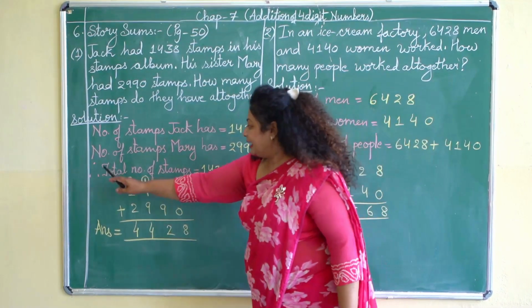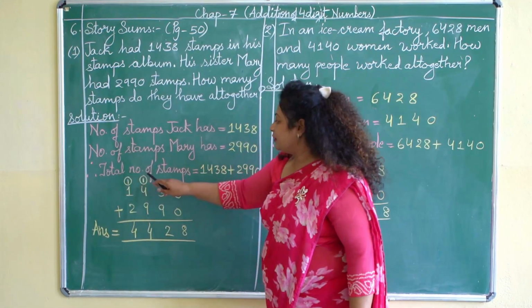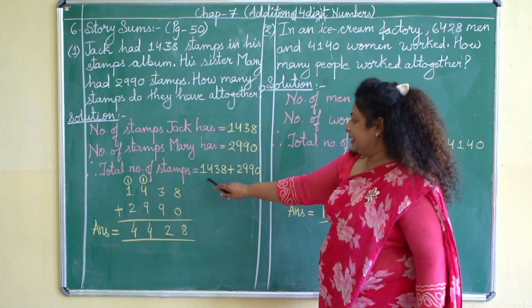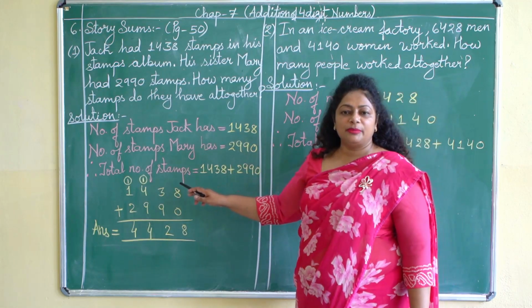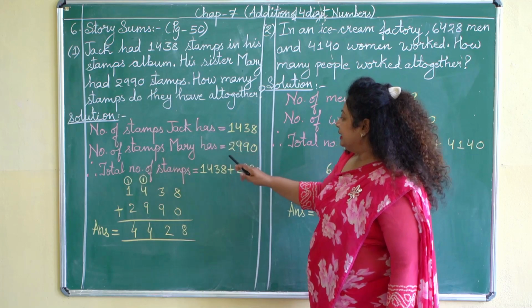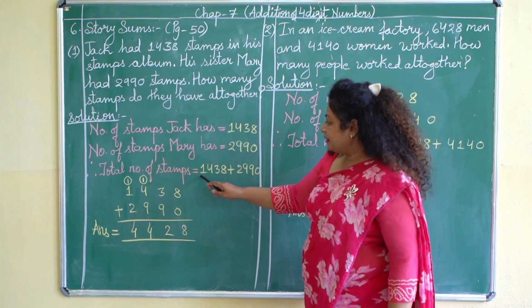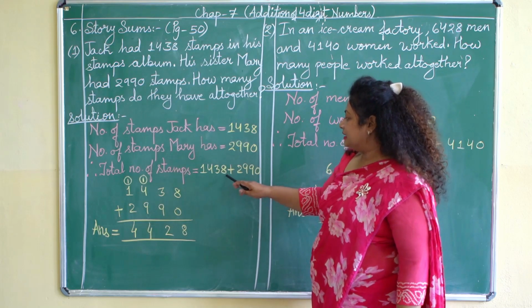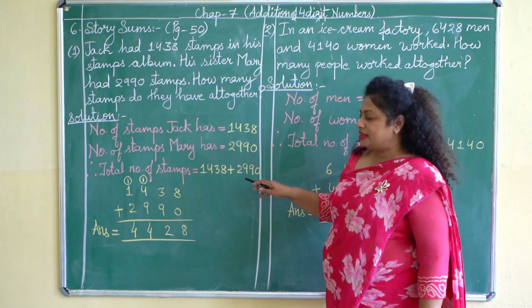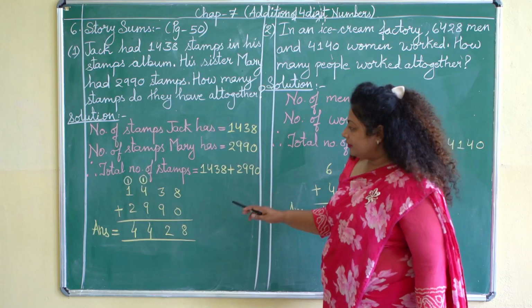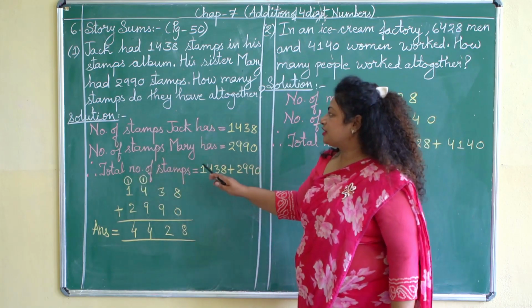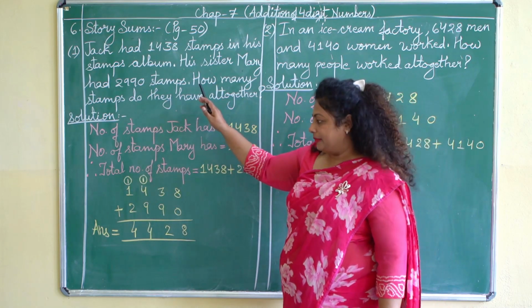So therefore total number of stamps will be, how we'll find the total number of stamps? By adding these two numbers. So let's add 1438 plus 2990 will give you total number of stamps in the stamps album.